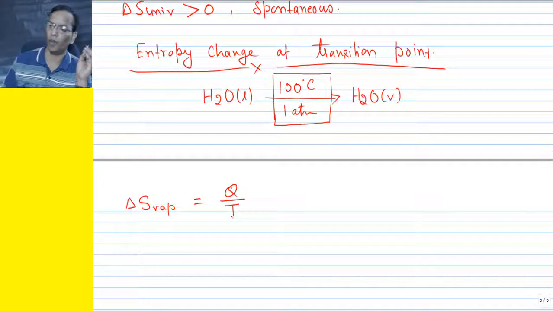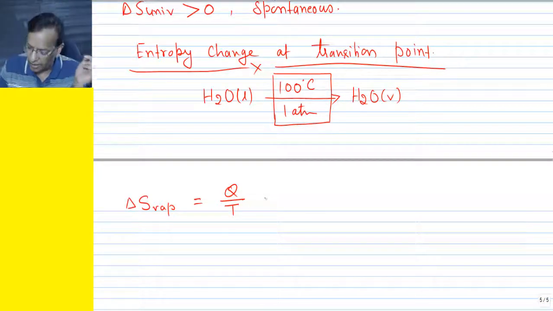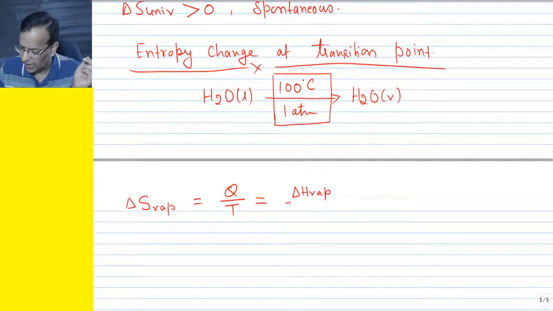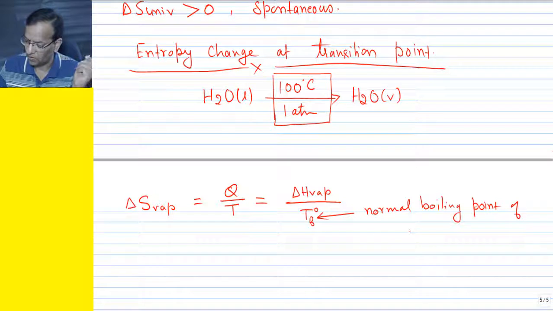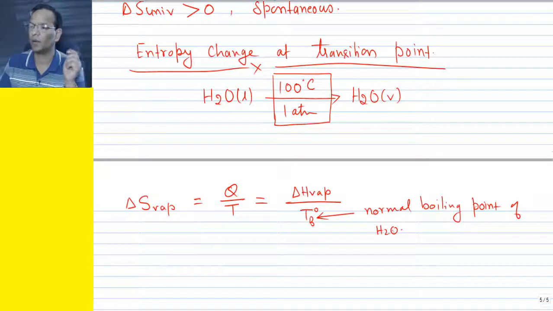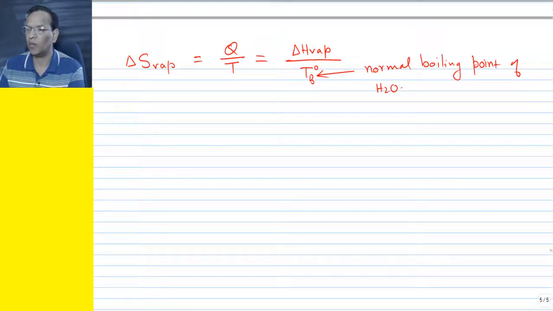So evaporation, boiling, occurs reversibly at boiling point exactly. And now this Q is nothing but enthalpy of vaporization of water, and T is nothing but the normal boiling point, boiling point of water. So if we know the enthalpy of vaporization and boiling point of any liquid, we can determine entropy of vaporization.